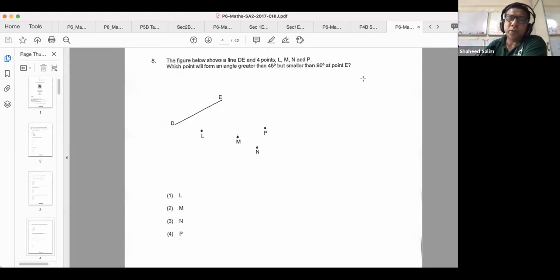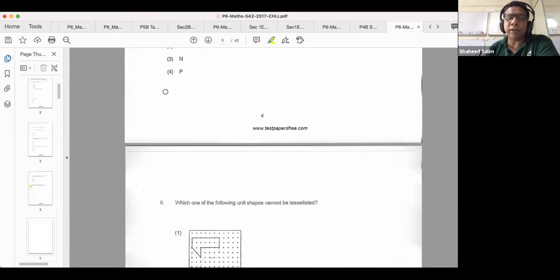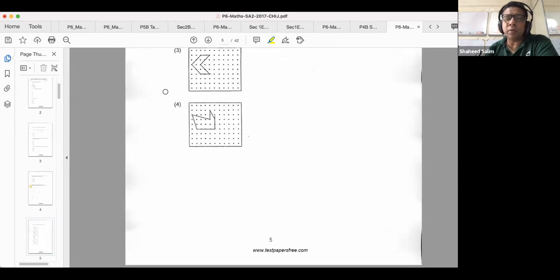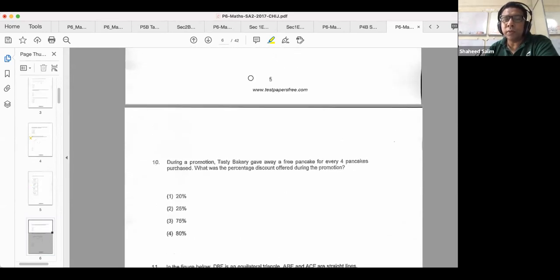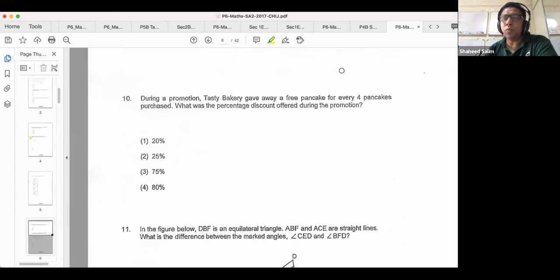So, never mind, we take it as not counted. But for your info down here, the angle you need a protractor to measure. Otherwise, it's not a fair test. We are not doing tessellation. Percentage. Can you try question 10? This is still 1 mark.